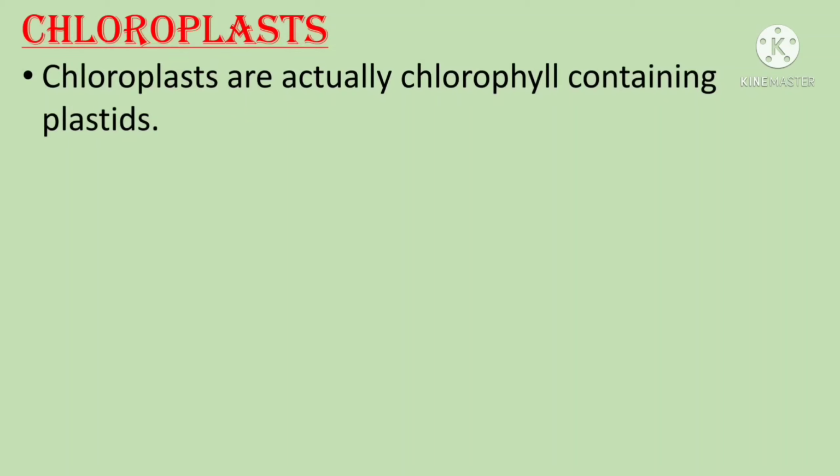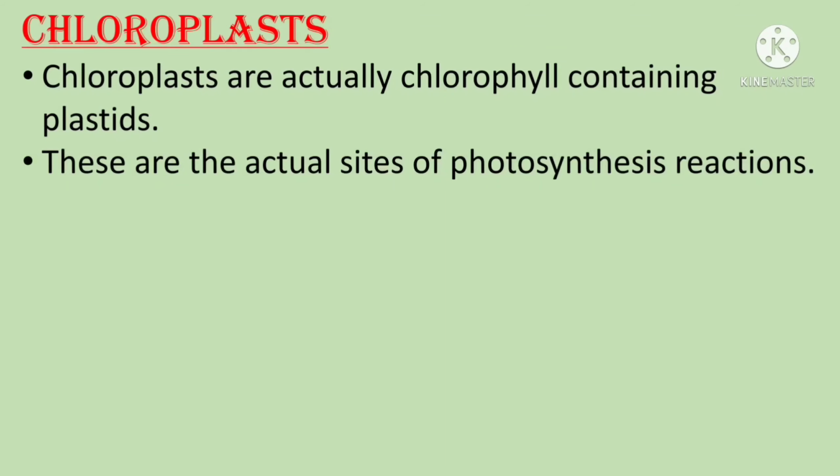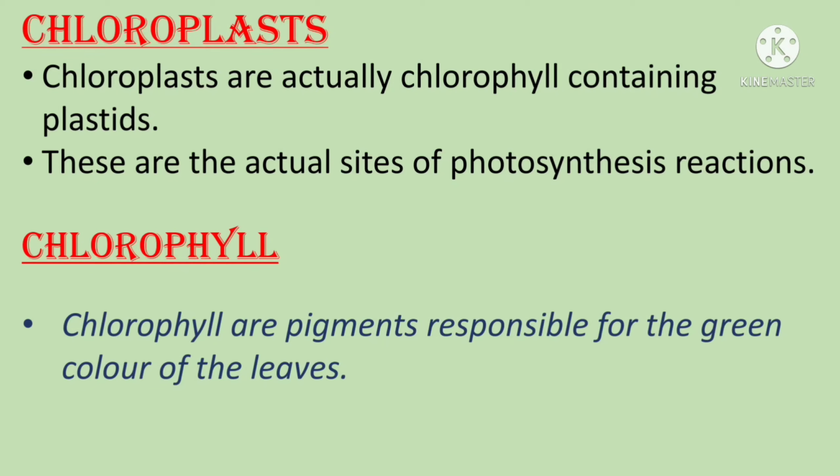Because these plastids contain chlorophyll, dear students, these plastids in plants are called chloroplasts. And these chloroplasts are the actual site of all the photosynthetic reactions. Now, what is chlorophyll? Dear students, please note that chlorophylls are pigments responsible for the green color of the leaves.